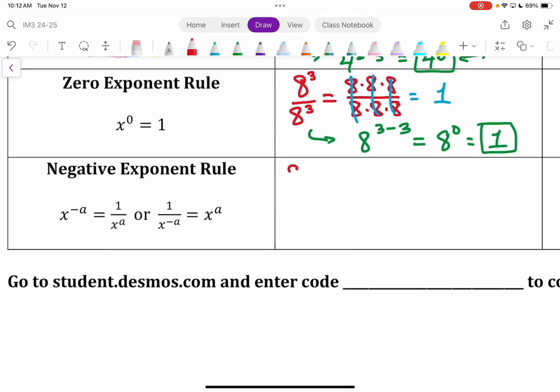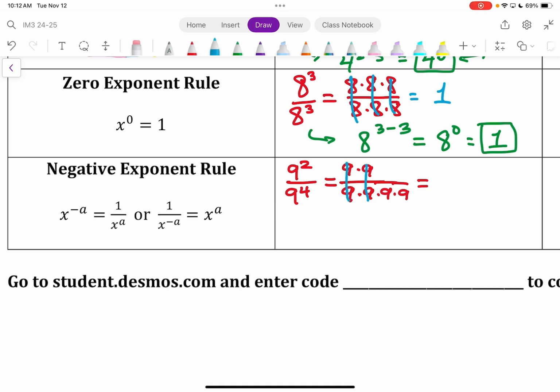So let's say I wanted to do 9 to the 2nd power over 9 to the 4th power. Now, 9 to the 2nd over 9 to the 4th would be the same as 9 times 9 over 9 times 9 times 9 times 9, 4 times in the bottom. Now, we've established that anytime we have the same number on top and bottom, it equals 1.